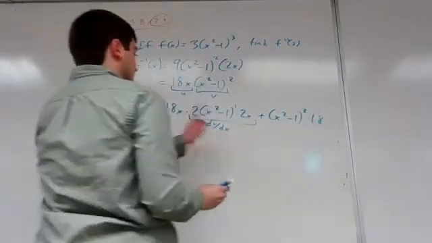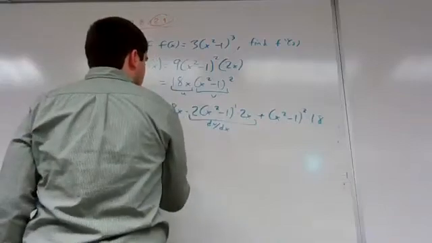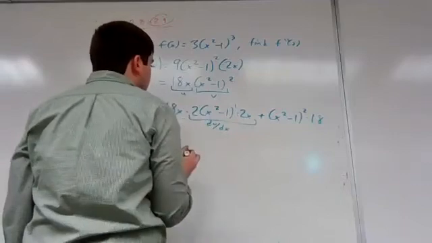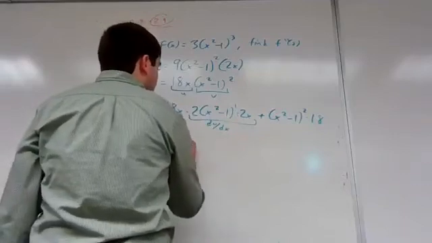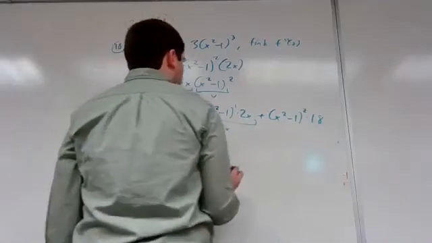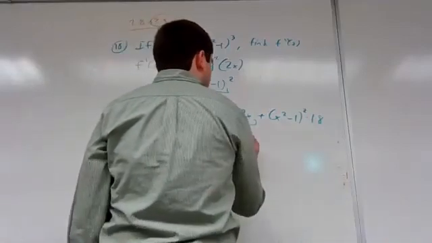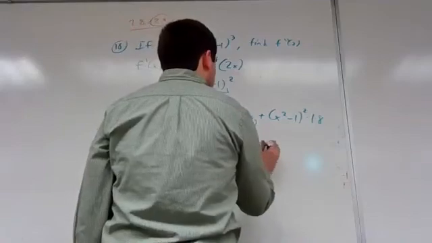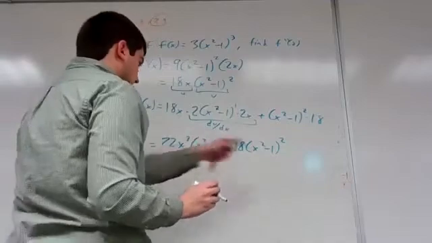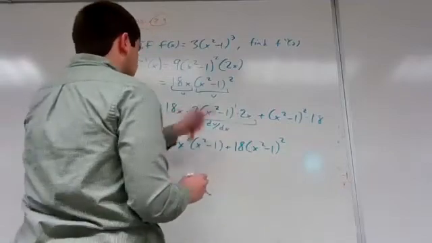Well, that's going to leave us with, if I simplify, 2 times 2 is 4, 18 times 4 is 72. 72x squared times (x squared minus 1) plus 18 times (x squared minus 1) squared. But notice that there's an 18 in both terms, like this was 18 times 4.